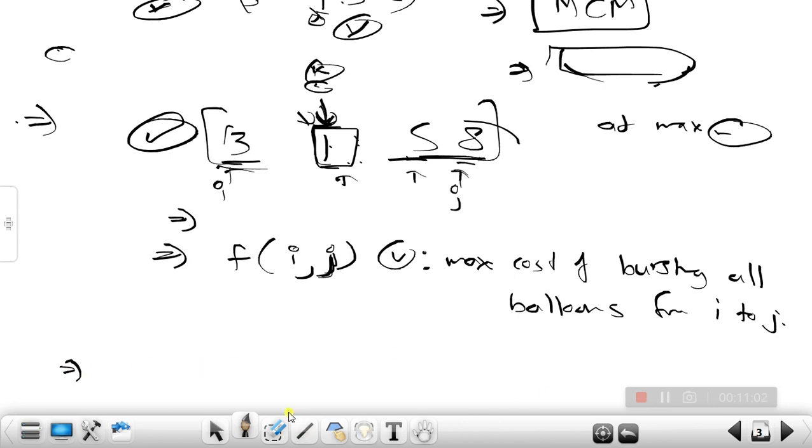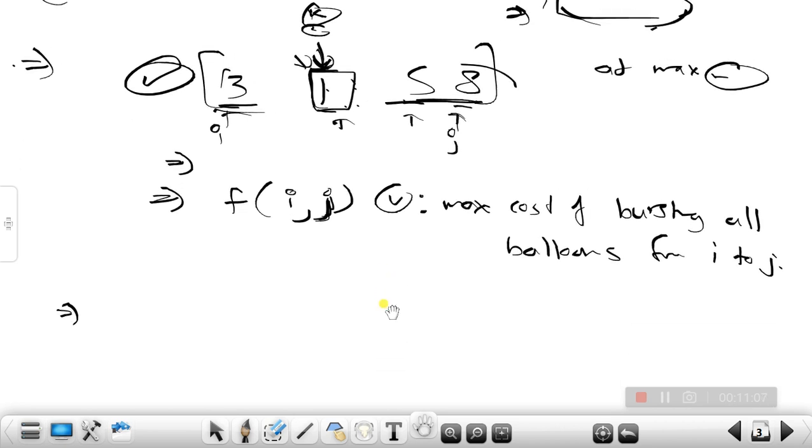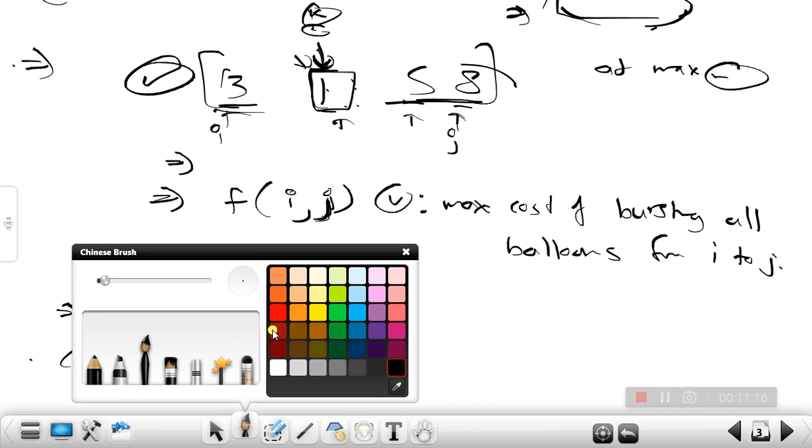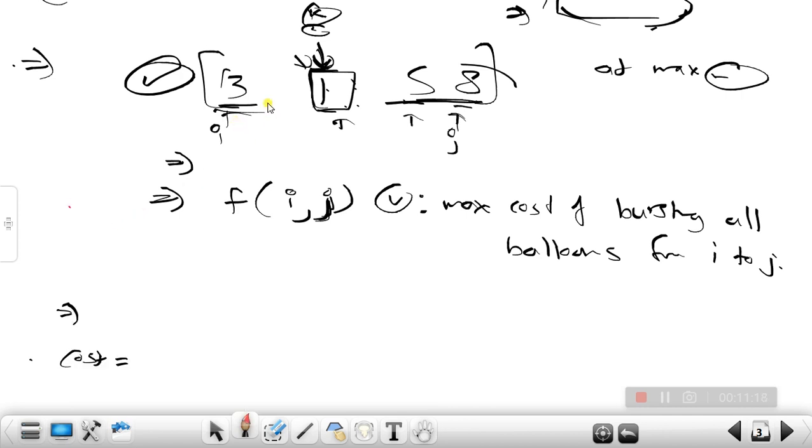The cost of doing this, let me change the color. I have to keep it, so I will burst all the balloons before this and I will burst all the balloons after this. Is there any doubt? No, because in order to keep this I have to burst all the balloons except this.